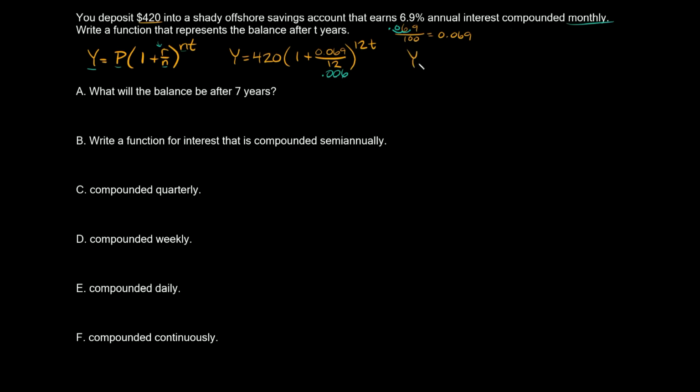So it's going to be y is equal to 420, and then in parentheses, again, we have 1 plus 0.006, which is equal to 1.006, and then raised to the 12t, okay? All right, so this is the function that represents the balance after t years, right there.